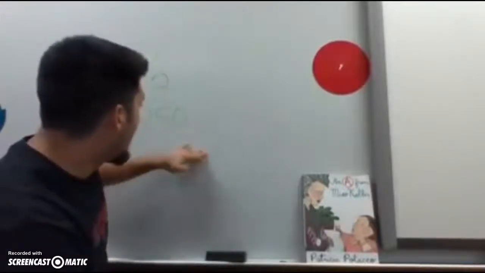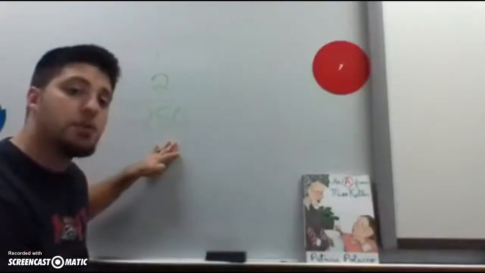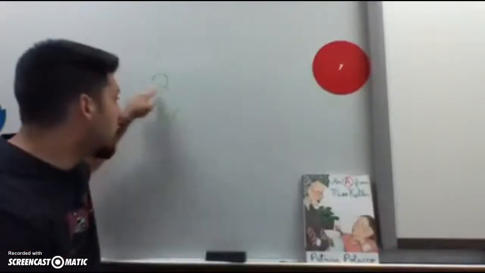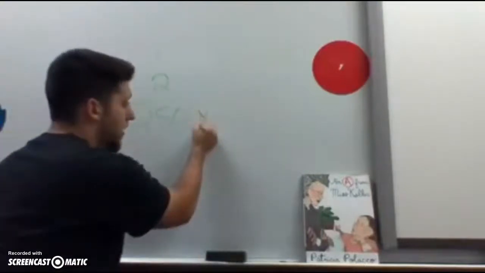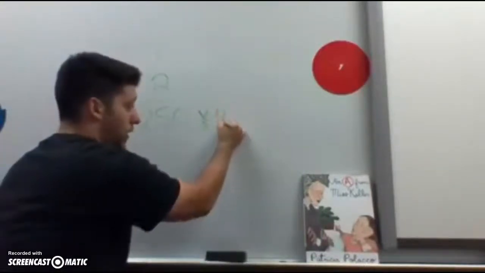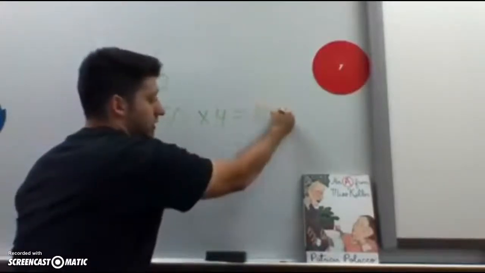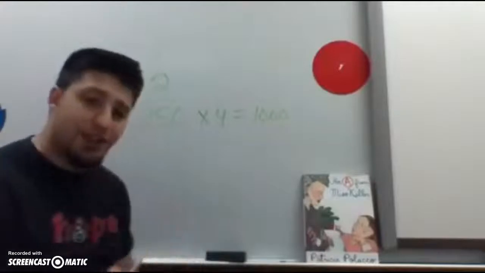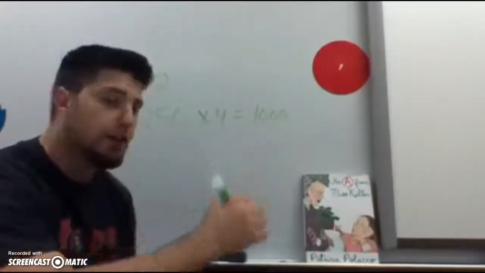All right, let me give you a strategy. What is the closest multiple of 100 that I can get this number to? I can't do it by dividing because 2 is already small. But I can multiply this by 4. 250 times 4 is 1,000. And it doesn't change it so long as I multiply both the denominator and numerator by the same number.